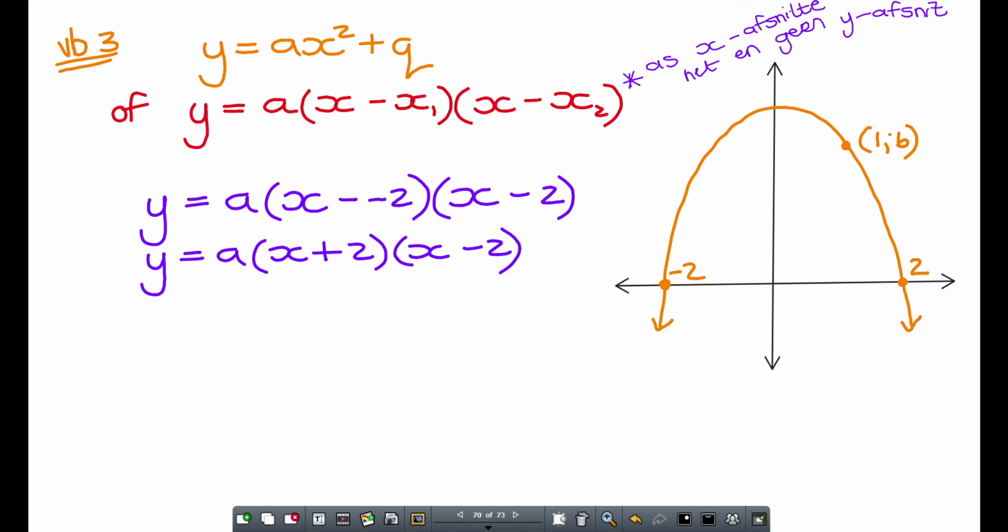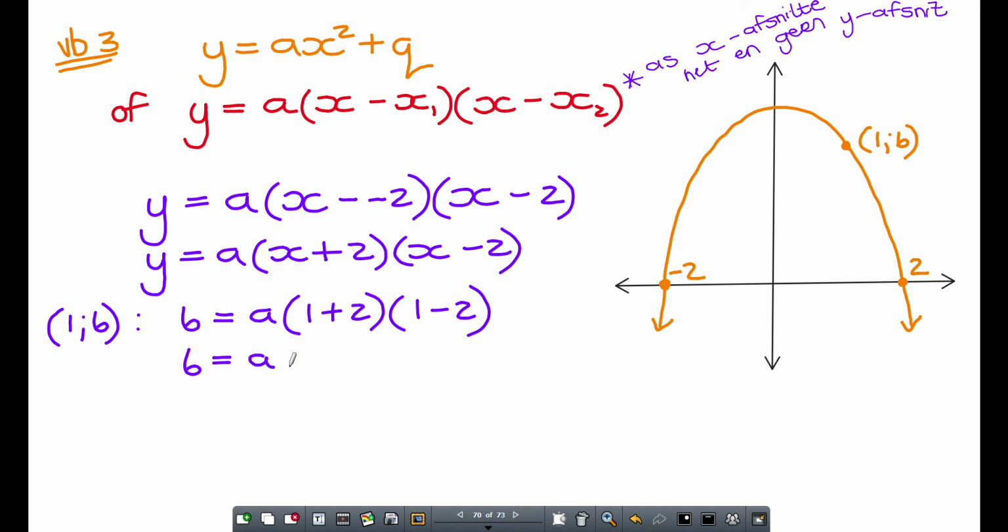Okay, so let's go substitute in 1 and 6, meaning 6 is equal to a, en dan is dit mos nou 1 plus 2 en 1 minus 2. 3 minus 1, so 6 is gelyk aan minus 3a.